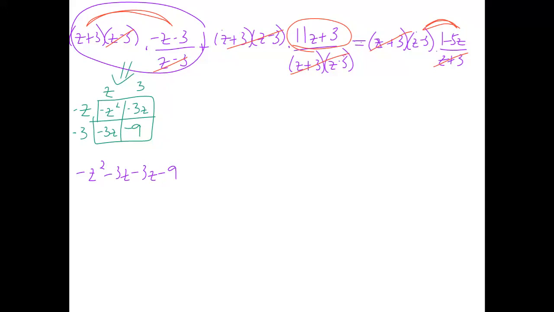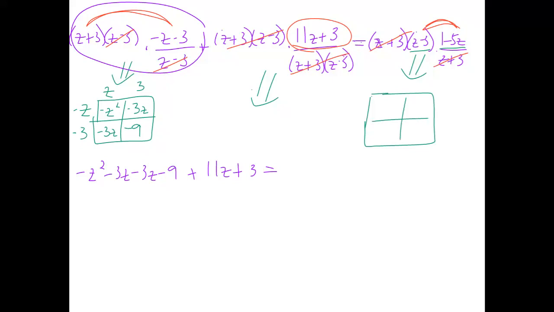Now, the second value, we don't even need a box. We can just go straight down to it. We're adding on the 11z plus 3 because the denominator and the LCD just canceled out. And then that's going to equal our last term. But in this case, we do need a box. We have z minus 3 times 1 minus 5z. So another 2 by 2 box. And we'll put z and negative 3 across the top, and then 1 and negative 5z on the side, and then multiply to get in.